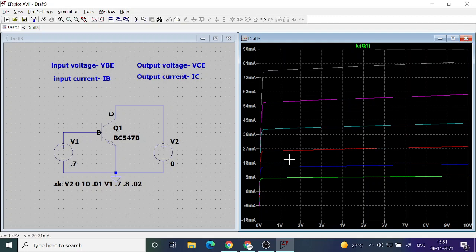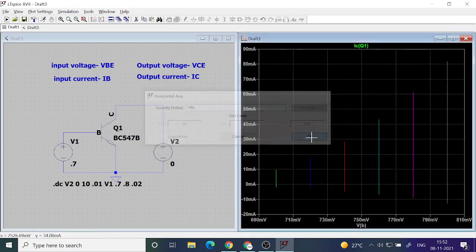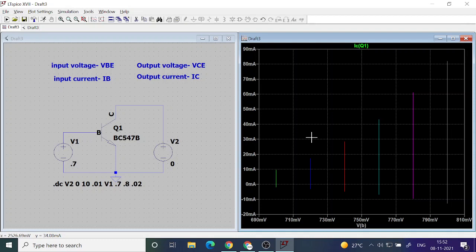And the characteristic I want to close with is this: I will change the x-axis to V1, or let me say V of B. And I have to change this analysis also.